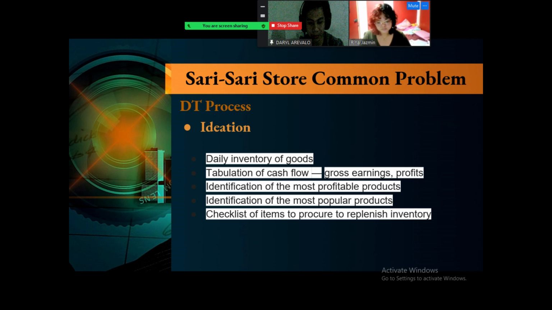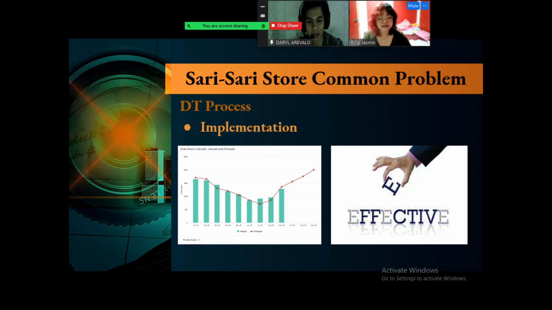Next is ideation. Ideation means, from the word itself, idea. In this stage, we can start to test what we learned or searched. We can start with a daily inventory of goods, tabulation of cash flows, identification of the most profitable products, identification of the most popular products, and lastly, a checklist of items to procure to replenish inventory.